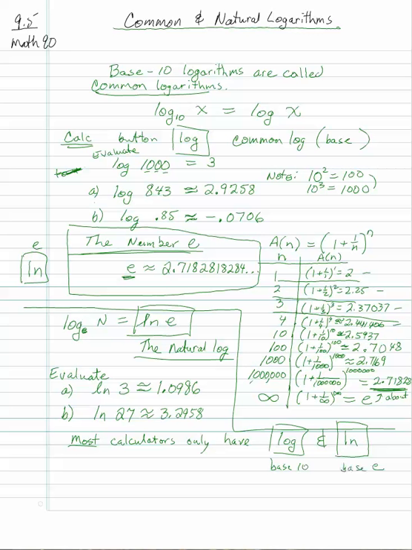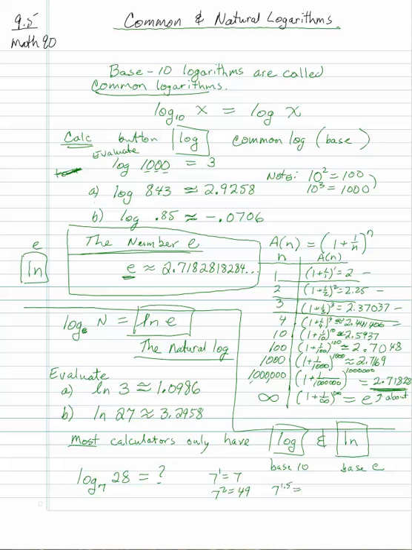So how can you figure out what log base 7 of 28 equals? Well, you can kind of guess. 7 to the first is 7. 7 squared is 49. So I can try 7 to the 1.5.